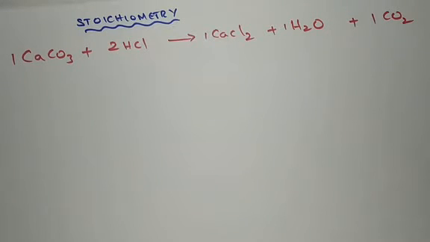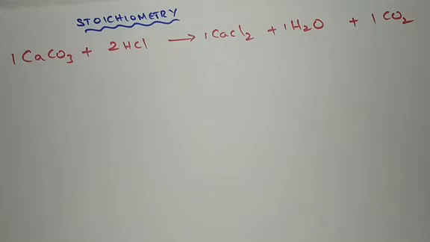Now we'll see a new topic, stoichiometry, which uses the mole concept also. One of the most important aspects of a chemical equation is that when it is written in the balanced form, it gives quantitative relationships between the various reactants and products in terms of moles, masses, molecules and volumes.